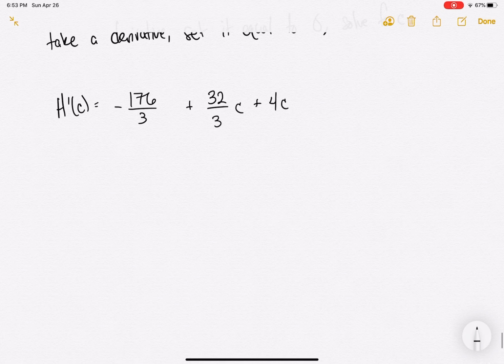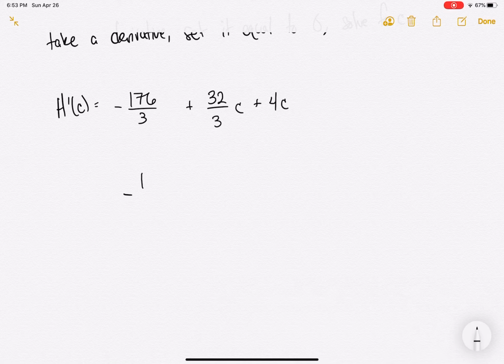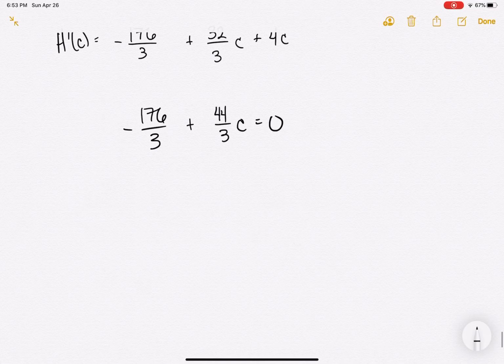So you can group those. This is 44 ninths c equals 176 over 9.